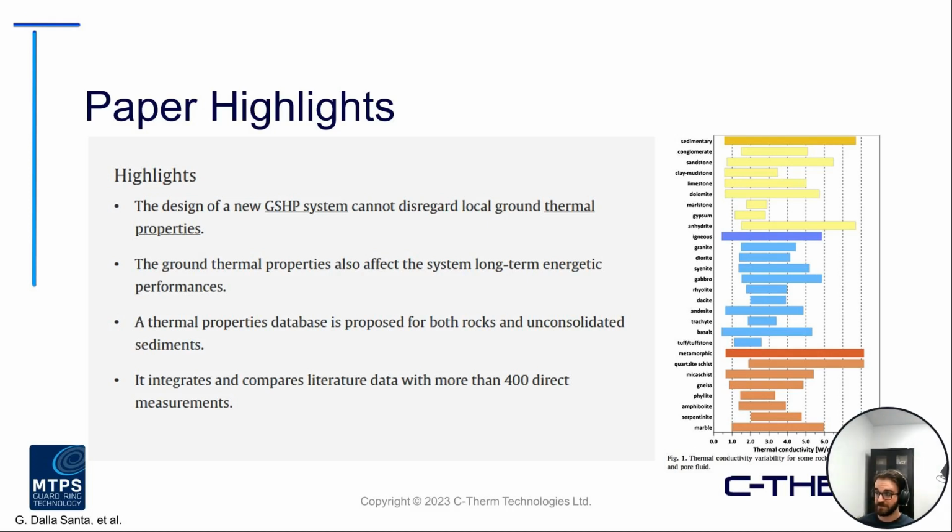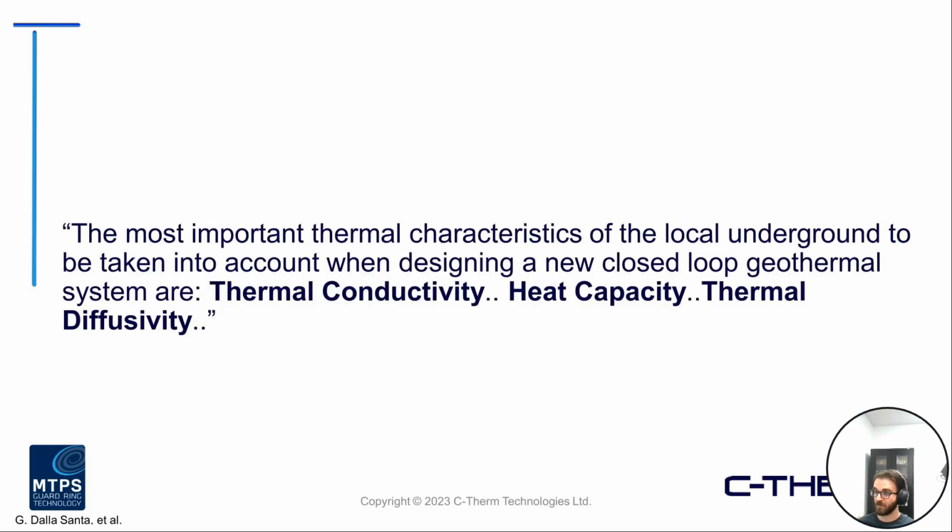One of the things they noted here and throughout the paper was that there can be quite a wide range of thermal conductivity for these materials related to differences in things like porosity, for example. But effectively here, they were comparing direct measurements to literature data with over 400 measurements taken on various samples. So this was a very large undertaking, where they're looking at these thermal properties.